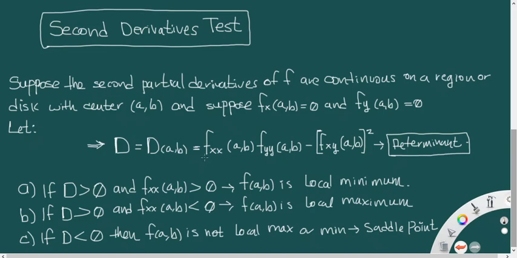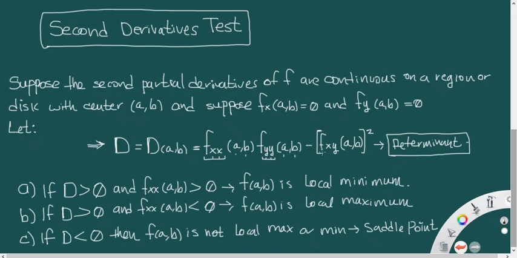second partial derivative with respect to x. So we are going to differentiate two times with respect to x. So the second partial derivative evaluated at points (a, b), times the second partial derivative with respect to y evaluated at points (a, b), minus the cross partial derivative.